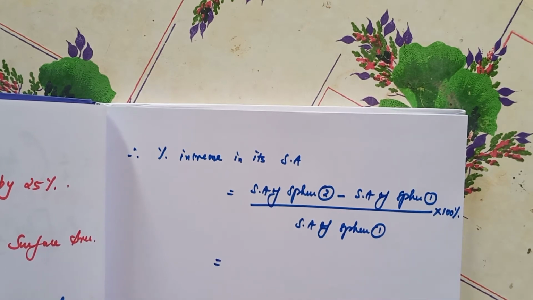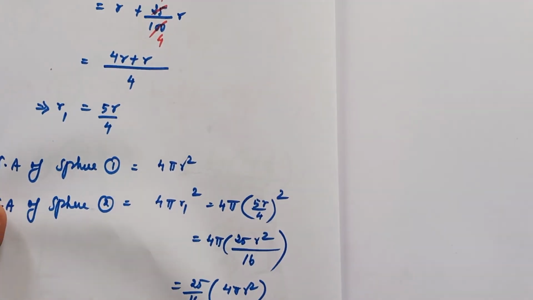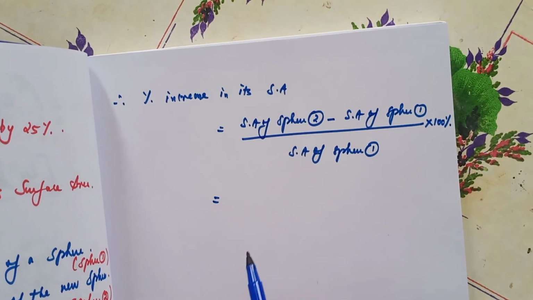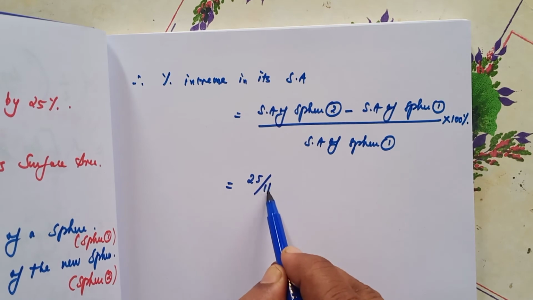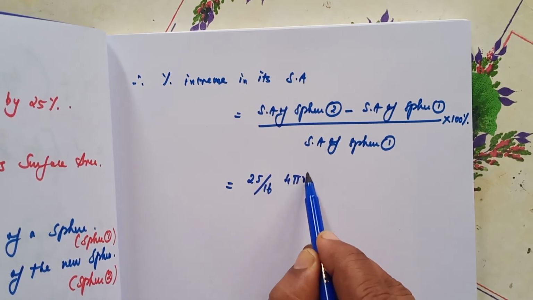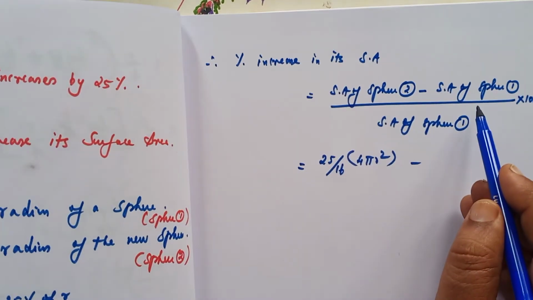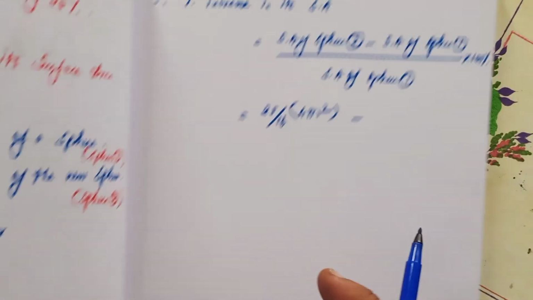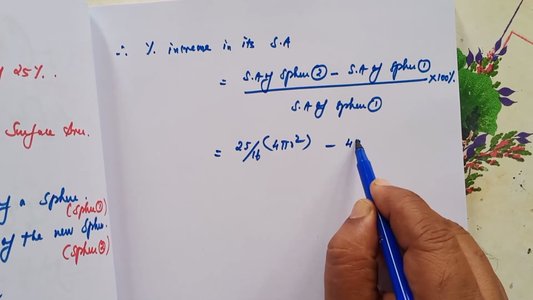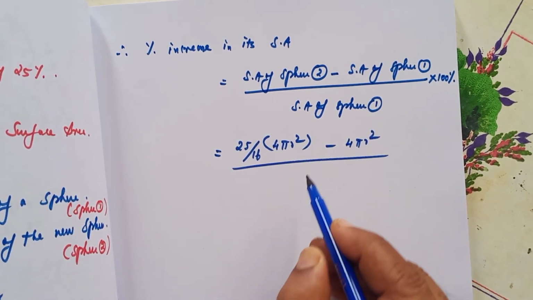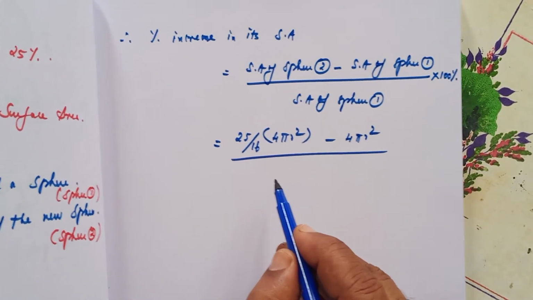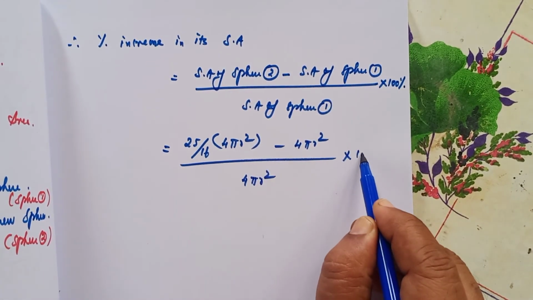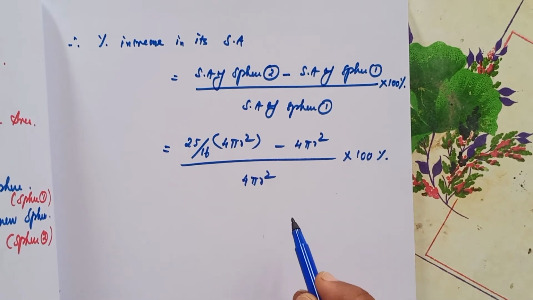Surface area of sphere 2 is 25 by 16, 4 pi r squared, minus surface area of sphere 1, that is 4 pi r squared, whole divided by again the surface area of sphere 1, that is 4 pi r squared, into 100%.